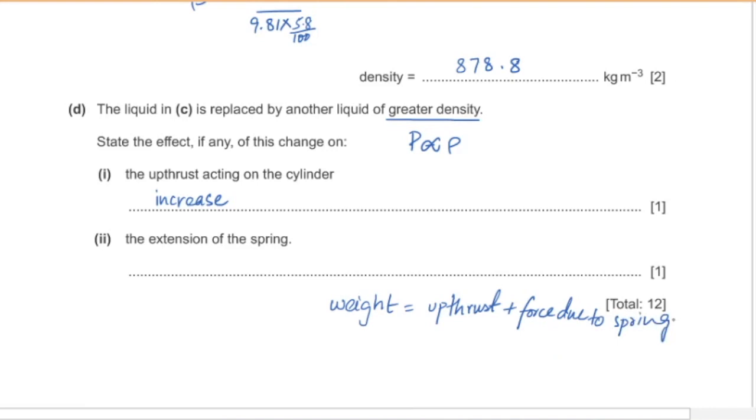This force due to spring is directly proportional to the extension of the spring. Now, when the upthrust increases and weight stays constant, this force due to spring is going to decrease. And when this force due to spring decreases, which is directly proportional to extension, eventually the extension of the spring will decrease too. So the extension decreases.